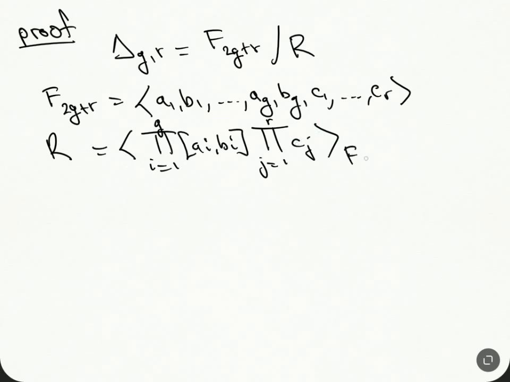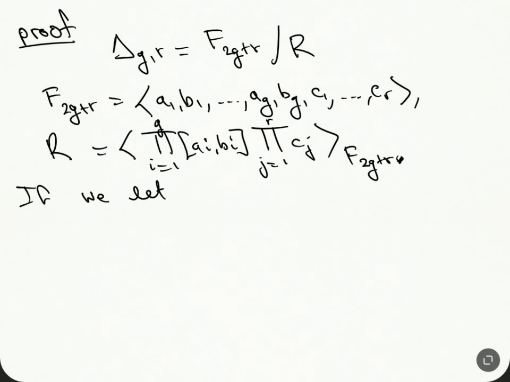We take the minimal normal subgroup containing it, so we take the conjugates of this relation and the subgroup generated by those. Okay, so this is a presentation of this group.